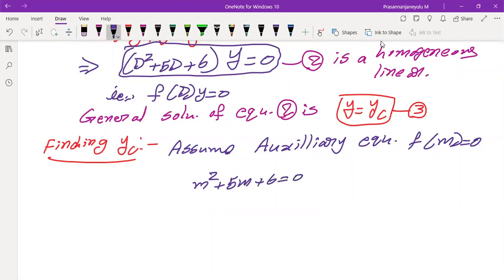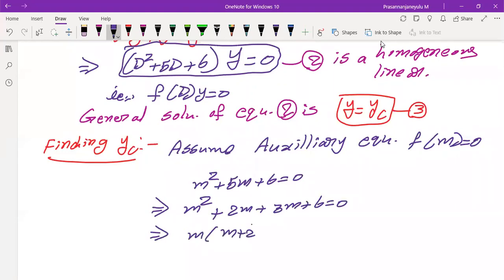Then can we find the roots for this? It's a quadratic equation. Yes, sir, 2 and 3. Yes. So 5m can be written as the sum of 2 and 3, and their product is 6. So 2m plus 3m plus 6 equals to 0. Taking m common from the first two terms, we get m into (m plus 2), and taking 3 common from the last two terms, we get 3 into (m plus 2).